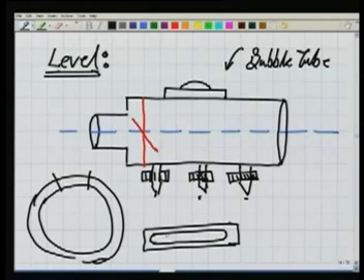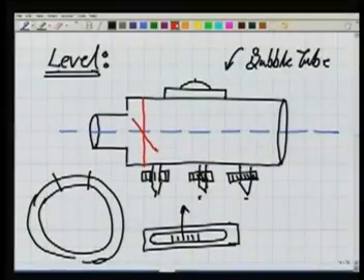Inside this casing is my bubble tube, and in the center of the bubble tube we have some graduations, and this is the point which is the center of the bubble tube. Because the bubble tube is part of a big circular tube, in this tube we leave a little air, which we call the air bubble.